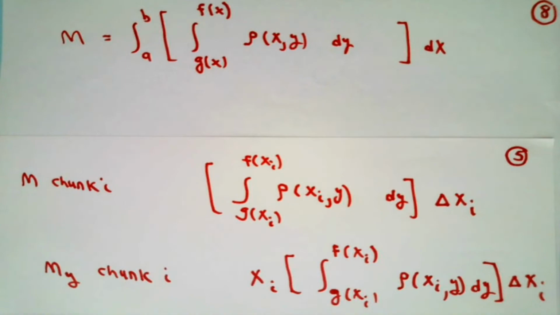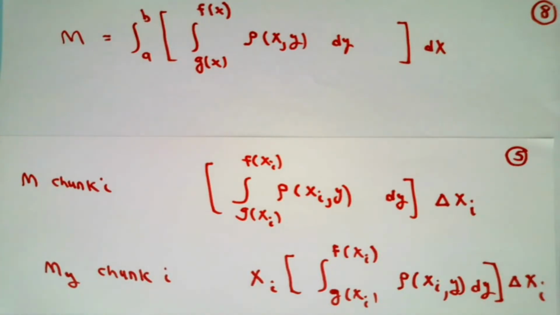When you do that definite integral with respect to y, y doesn't appear in the answer, so it's just some expression that involves x. So you're going to be doing the integral from a to b of something that only has x in it with respect to x, and that turns into a regular old calculus 1 integral.